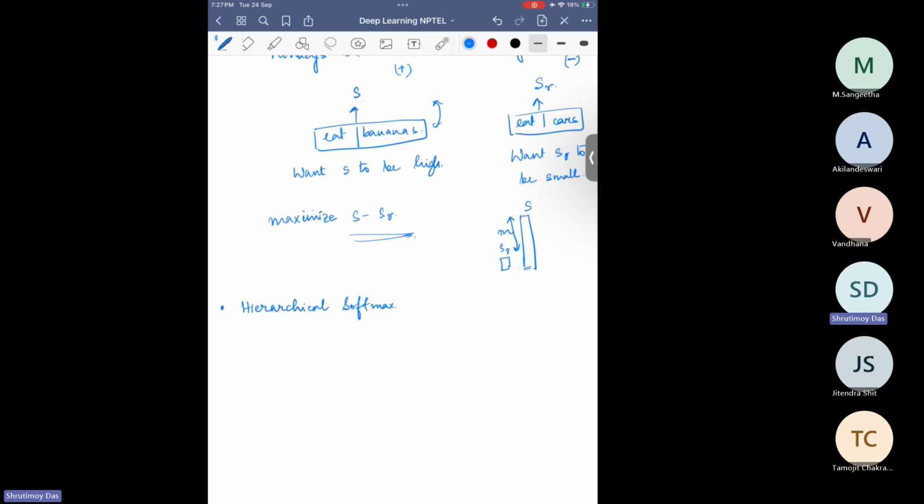Softmax gives us a distribution over all the possible words in the vocabulary that we have. Hierarchical softmax sort of builds a hierarchy. So suppose you have this mod V number of words. So now we construct a binary tree. So you have these words, and you construct a tree here.